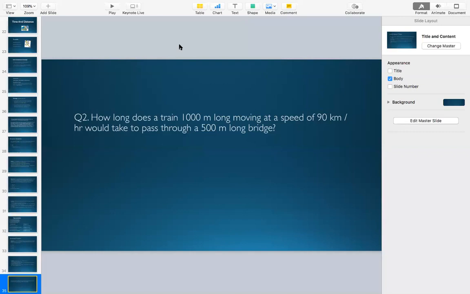So I prefer to go for that, because if we convert 1000 meters and 500 meters to kilometers, you will get a fraction. Okay, the fraction is very easy, 1.5. But since I'm going to get a fraction, I try to avoid that.